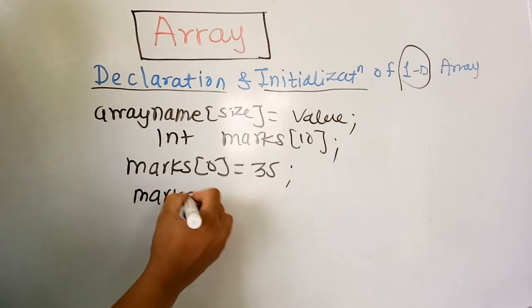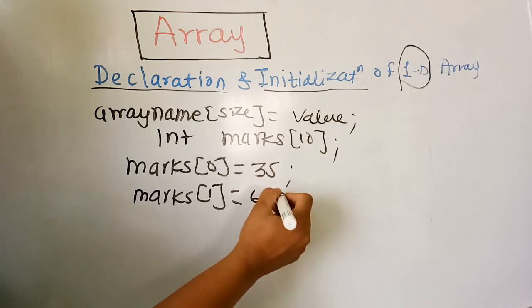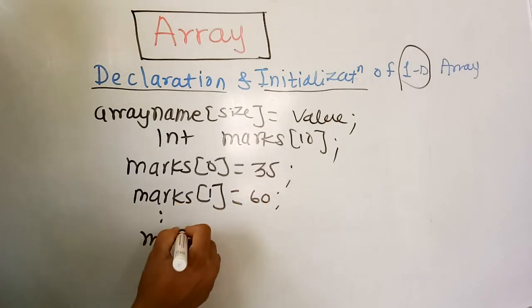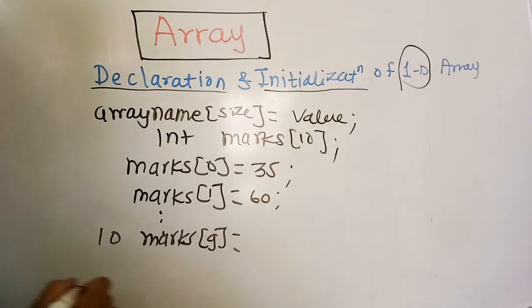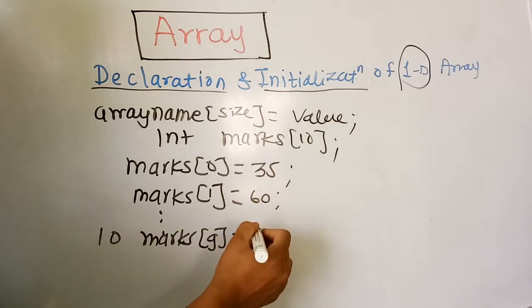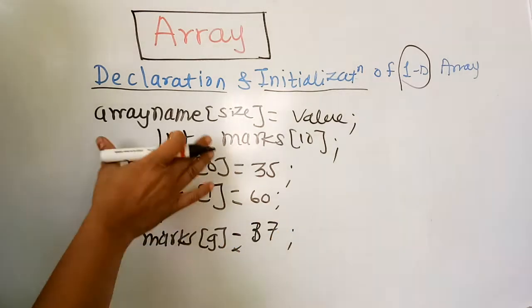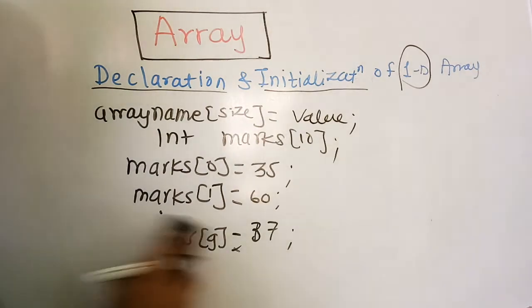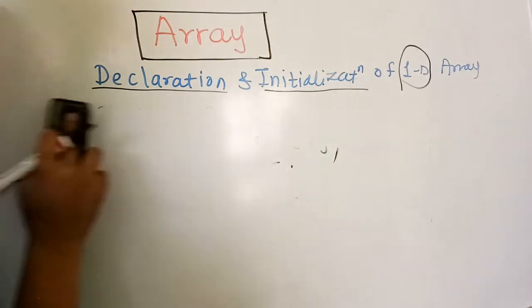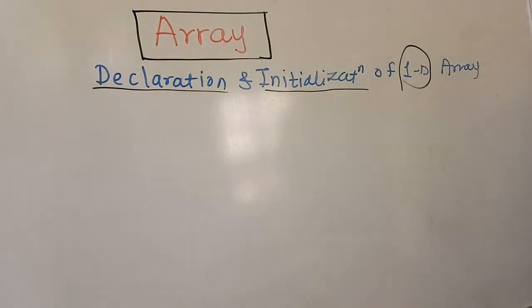For example, the marks of the second student will be 60, and so on till the marks of the 9th position, meaning the 10th student, for example 37. This is known as initialization of array variables. But this is one way. You can initialize the variables of the array in different ways.